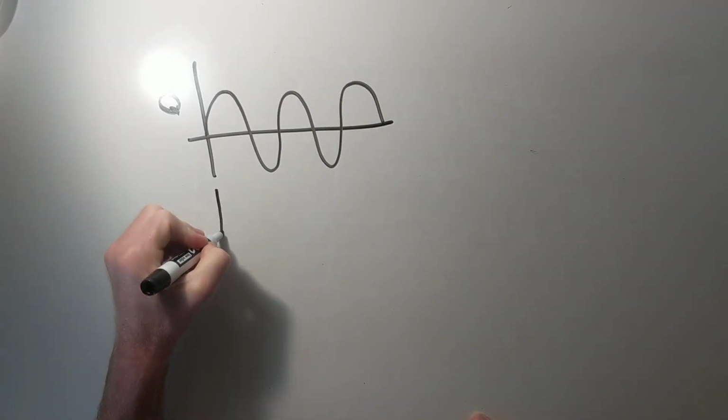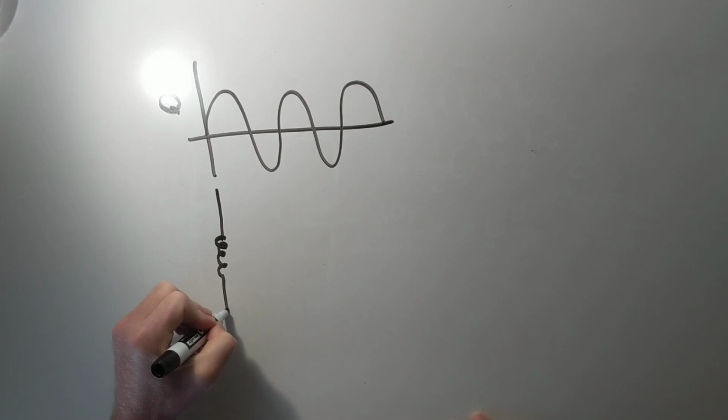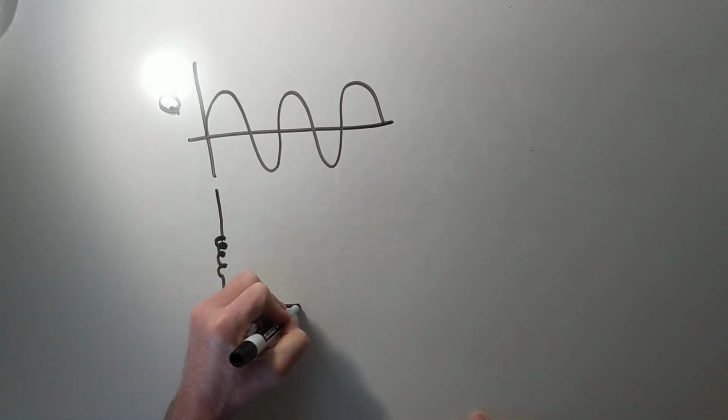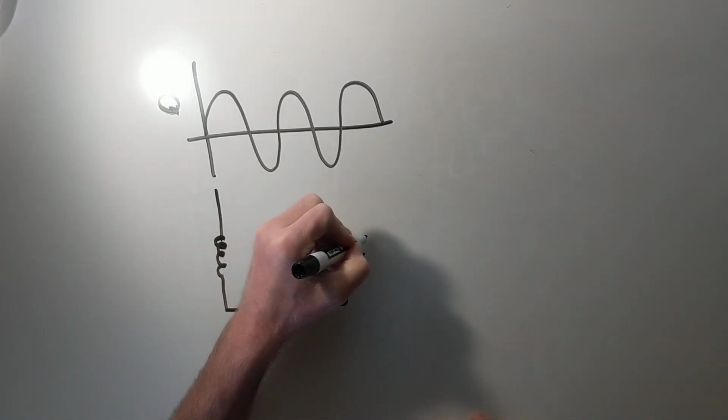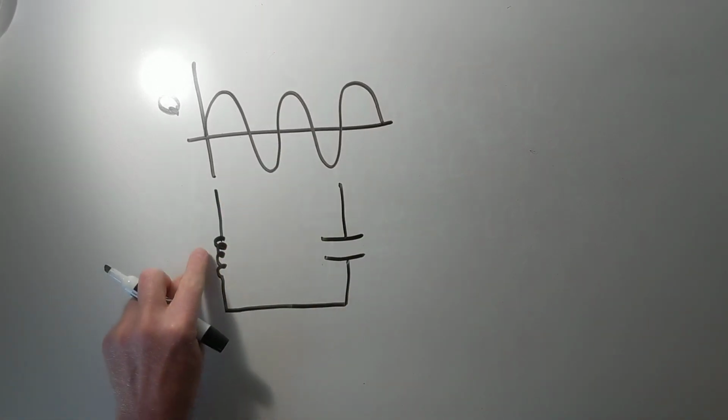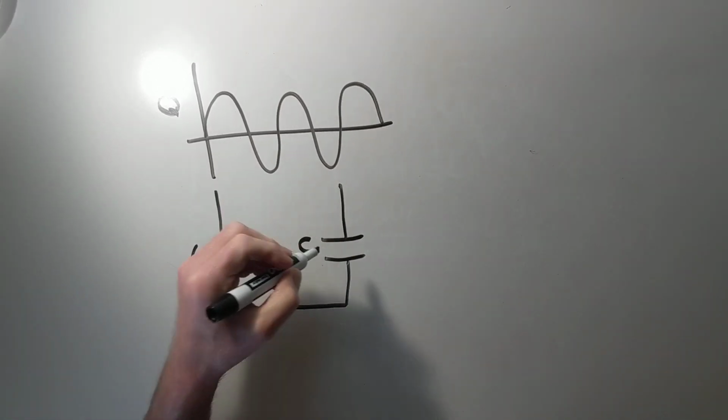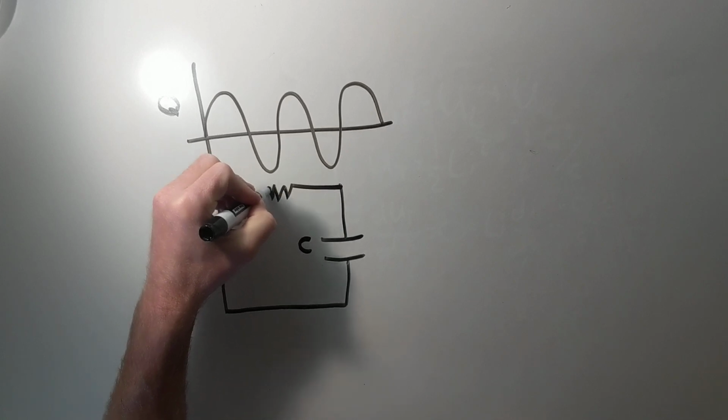But the last circuit we're going to actually talk about here, which we're going to do really conceptually and quickly, is this. What if instead, because this is a little bit more realistic, we had an LC circuit, so there's the inductance coil and the capacitor, but then we had a resistor in here.